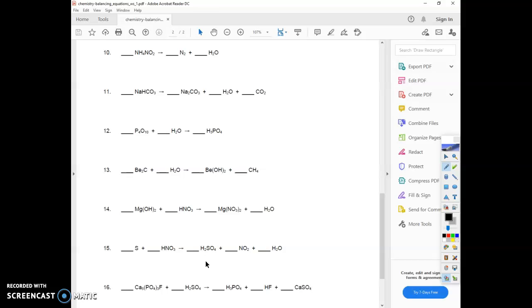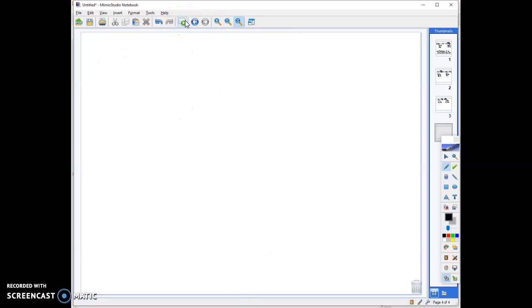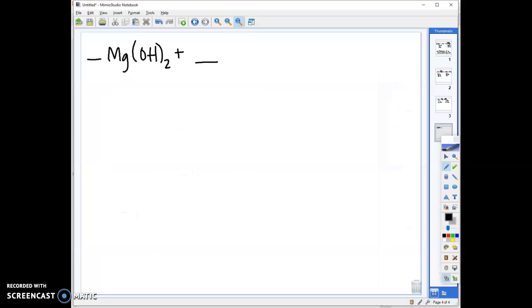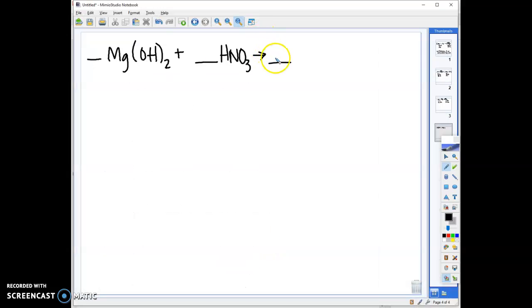Number 14, MgOH2 plus HNO3 yields MgNO3.